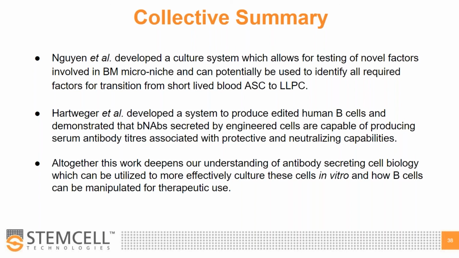Hartweger et al. developed a system to produce edited human B cells and demonstrated that broadly neutralizing antibodies, which can be secreted by engineered cells, are capable of producing serum antibody titers associated with protective and neutralizing capabilities. Altogether, this work deepens our understanding of antibody-secreting cell biology, which can be utilized to more effectively culture these cells in vitro, and how B cells can be manipulated for therapeutic use.